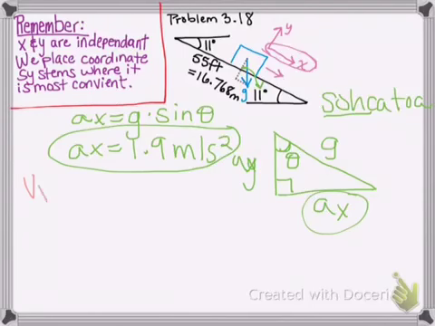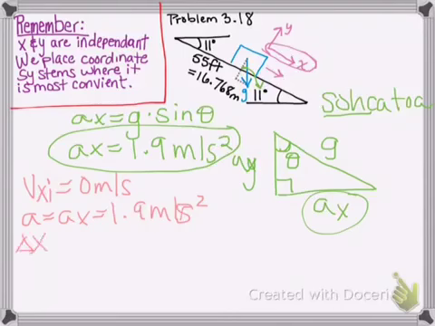We know it's starting from rest, so that means our VXI is equal to 0 meters per second. We know our acceleration is our AX, which is 1.9 meters per second squared. All right? And we do know that our delta x, our whole length that we traveled, is going to be our 16.768 meters.